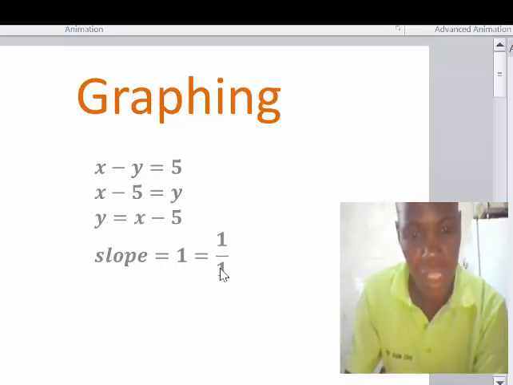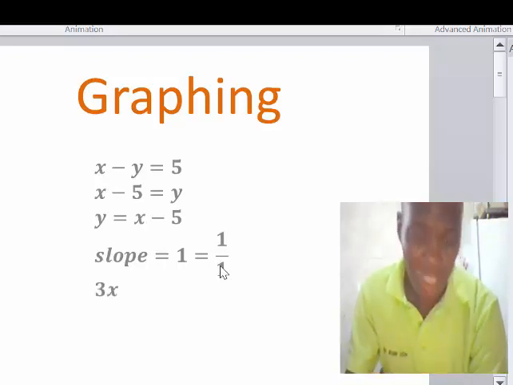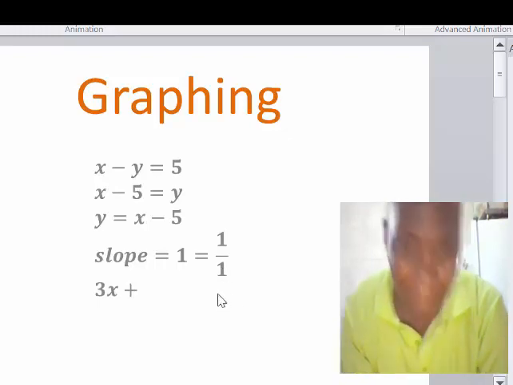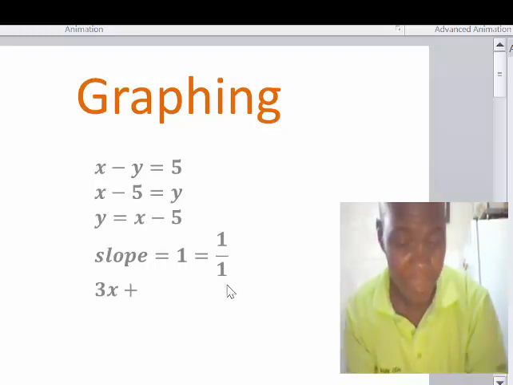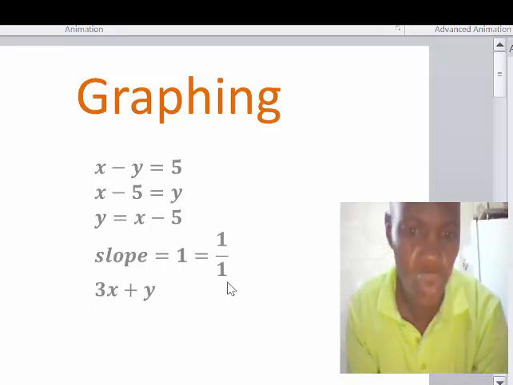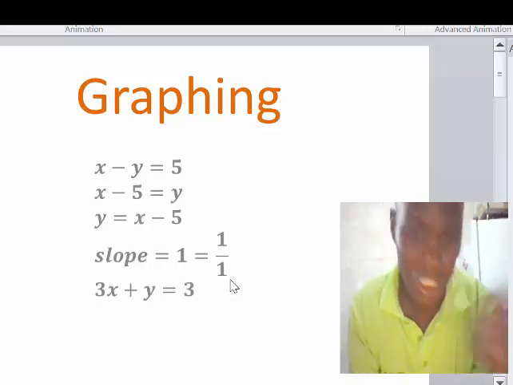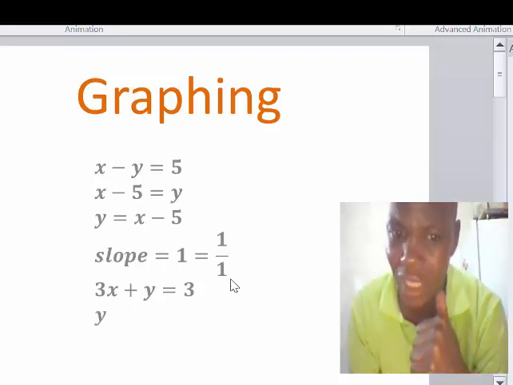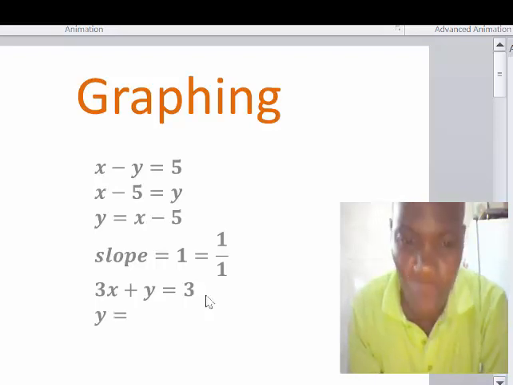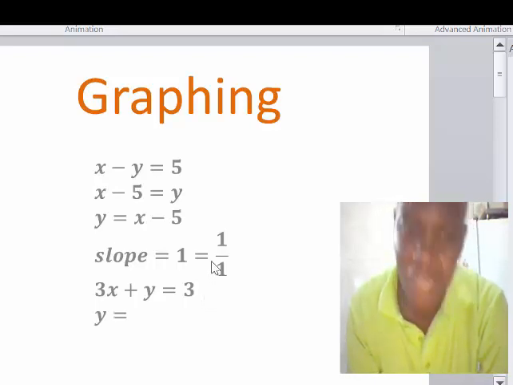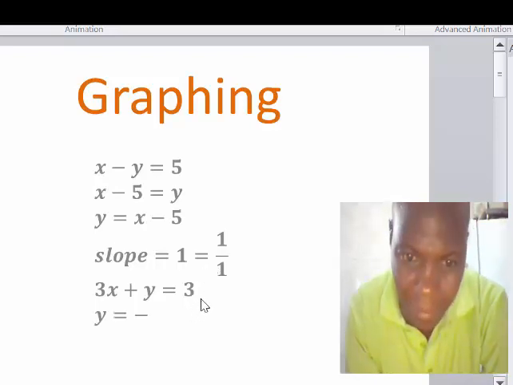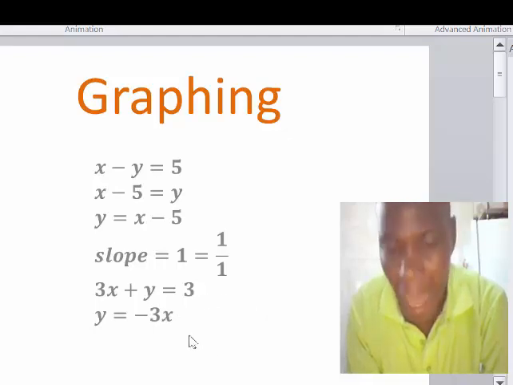Now we'll deal with the second equation, which is 3x plus y equals 3. You saw it on the first page. How are you going to do this? You're going to transpose the 3x to the other side. Now your standard form will be y equals negative 3x plus 3.